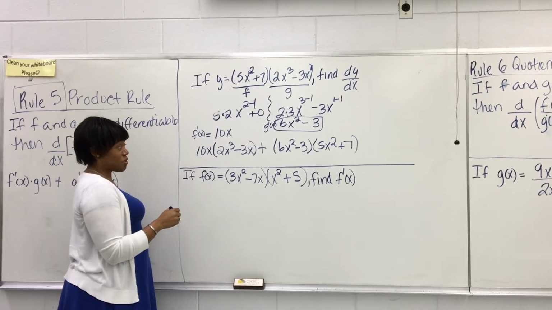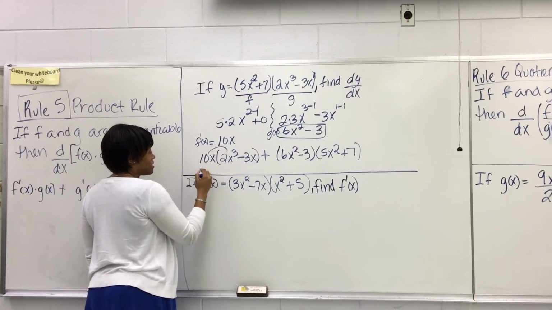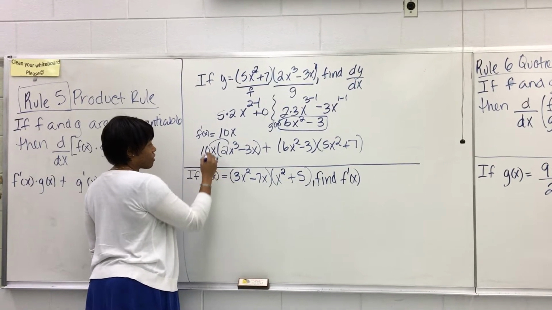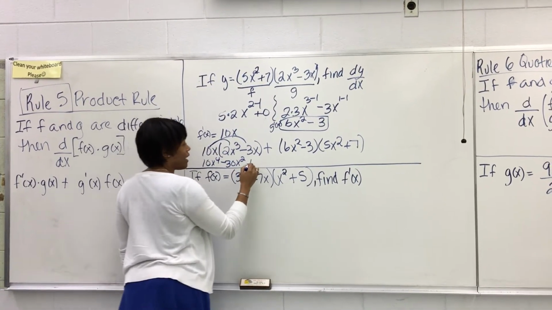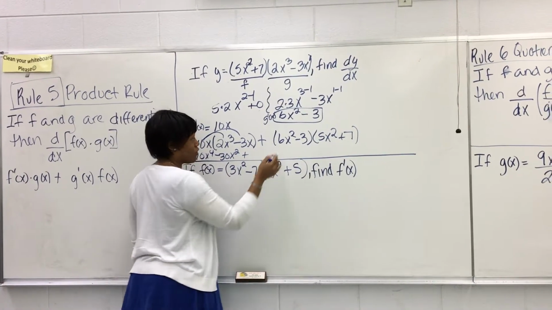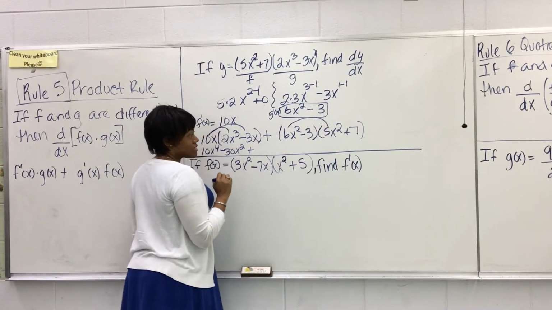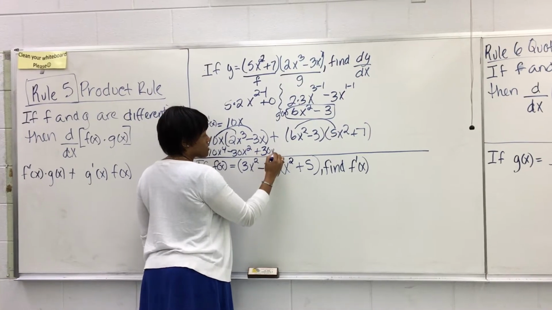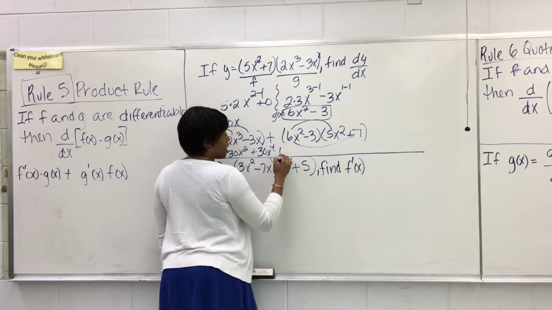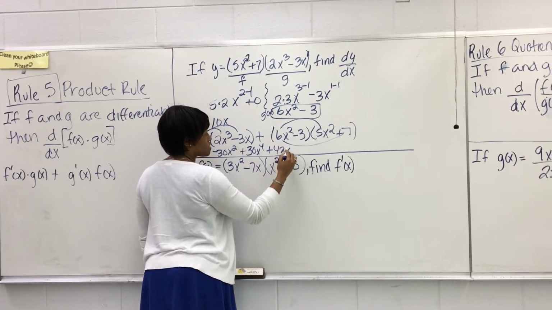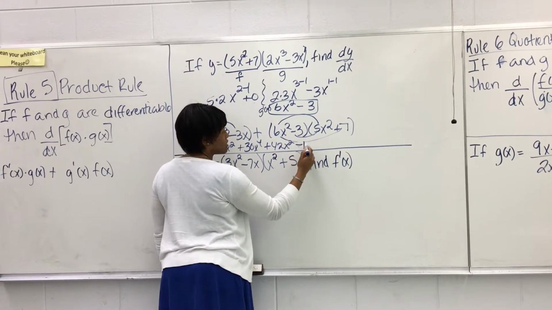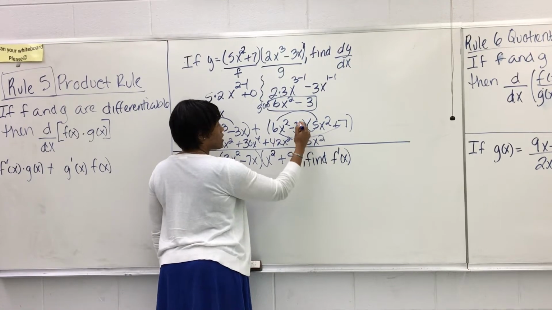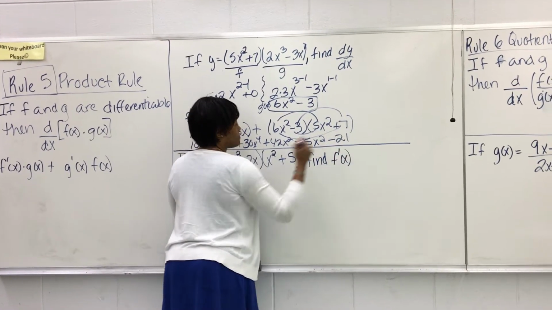I need to distribute. So this will give me 10x to the 4th minus 30x squared plus, I have the actual FOIL, 6 times 5 will give me 30x to the 4th plus 42x squared, not plus, minus 15x squared minus 21.